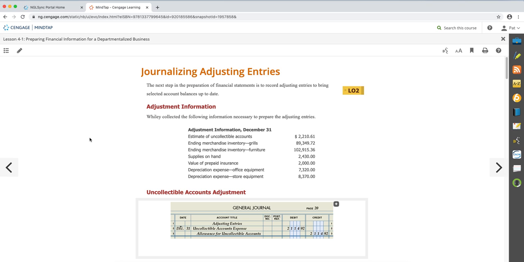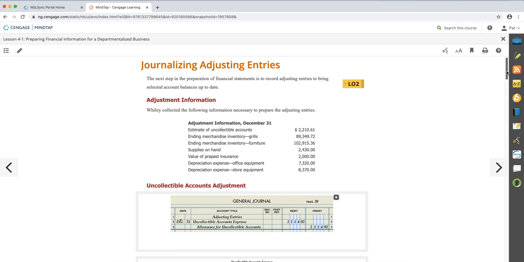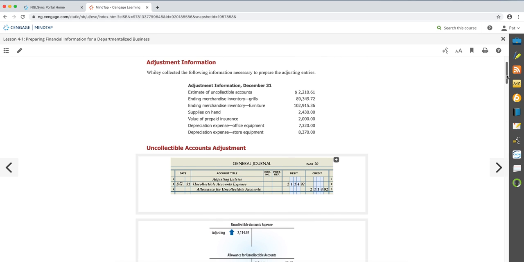If I had $10 worth of furniture at the beginning of the year, and now I only have 2, I would lower furniture from 10 to 2. So one you might debit, one you might credit, depending on if you gain them. Otherwise, usually what we do is we debit the expense, credit the other controlling or the other related account.